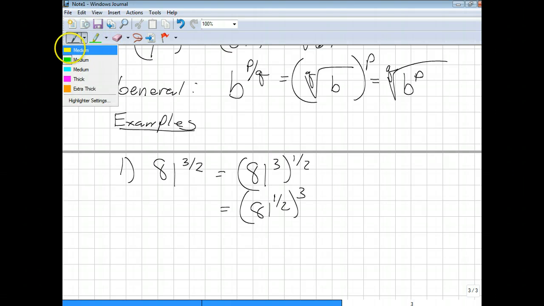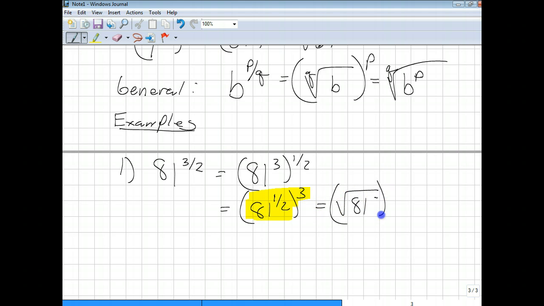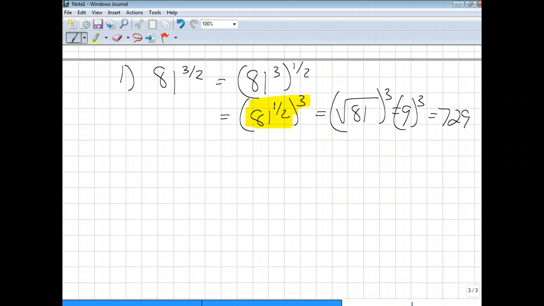Right, this one. That one's going to be easier to do because this one really says the square root of 81 cubed. Well, what's the square root of 81? It's 9. Okay? So 9 cubed is 9 times 9 times 9, or 729.